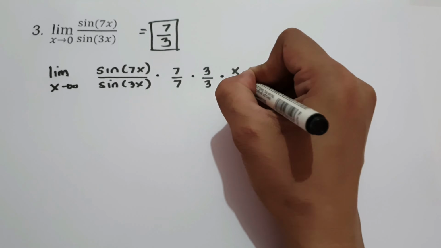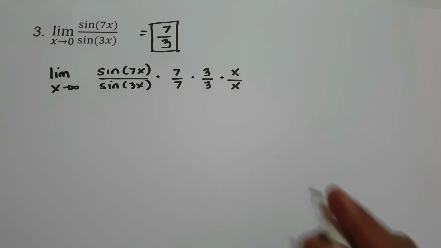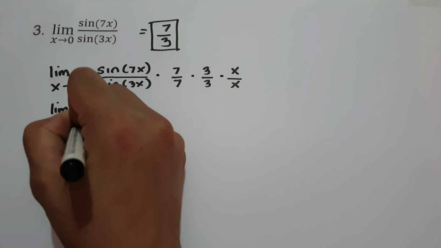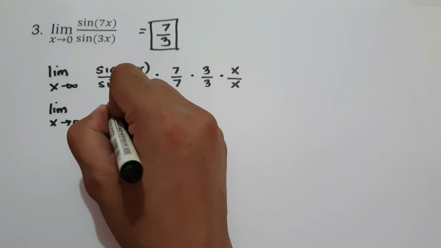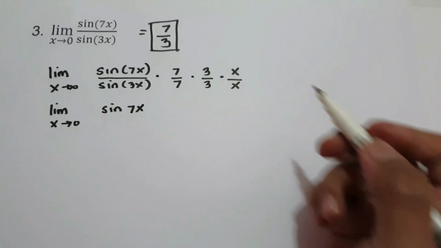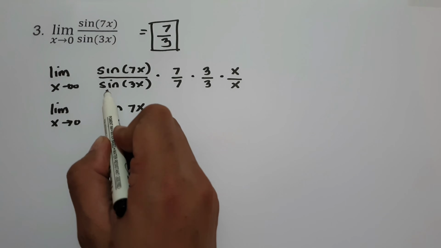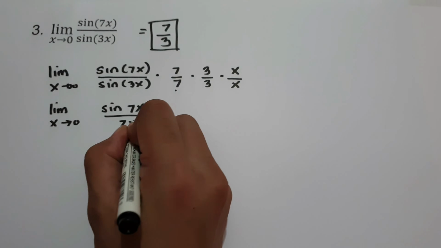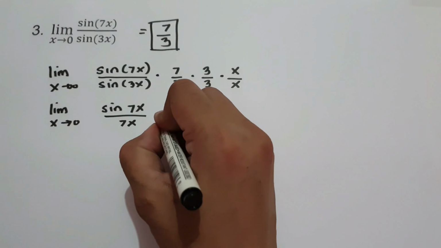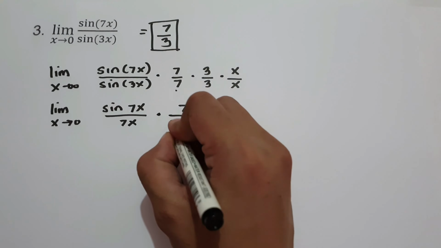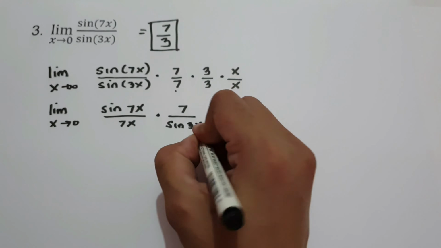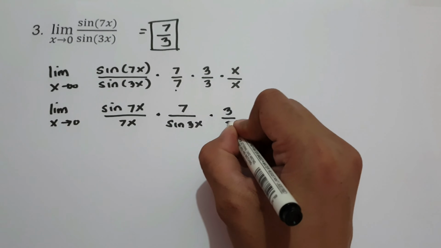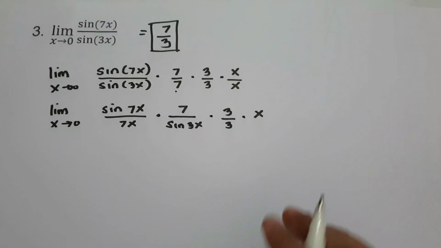Same with x over x. Then let's have the limit as x approaches 0. Let us write sine 7x over 7x in the numerator, with 7 over x in the denominator, and then 3 over 3 times x.